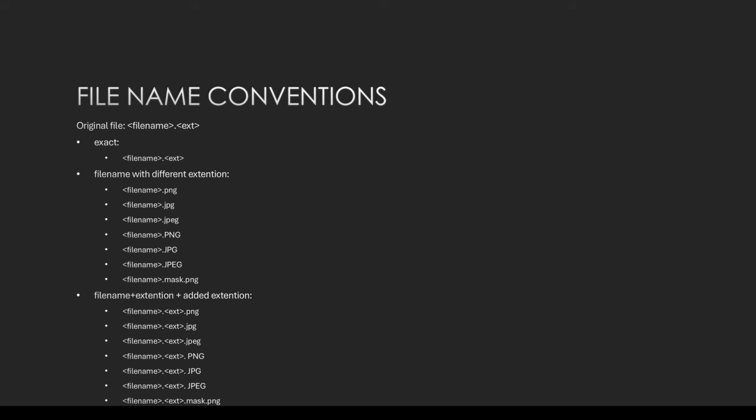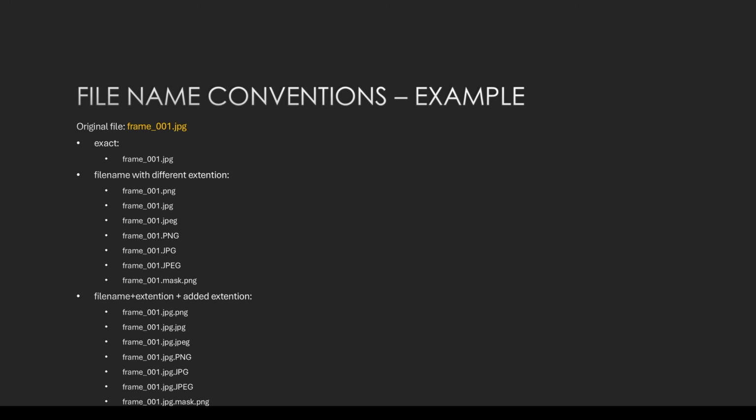For the file name conventions, there are three options: exact, file name but with a different extension, or the file name and the extension plus an added extension. You can see the supported extensions on the screen.